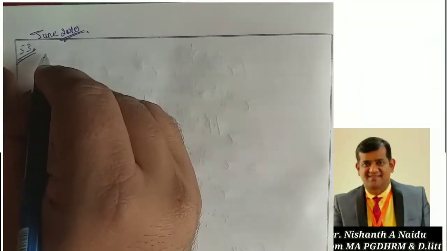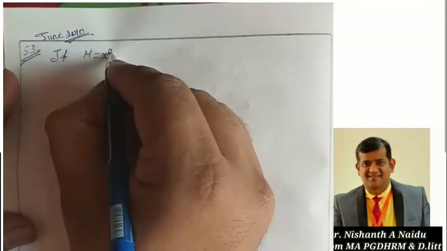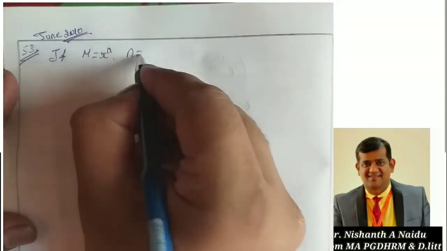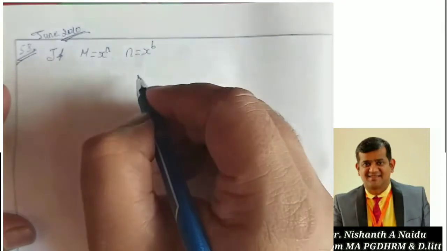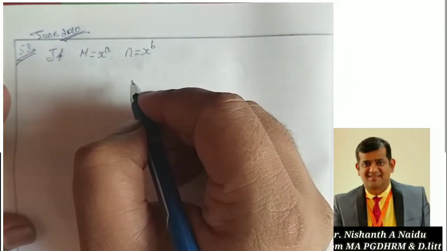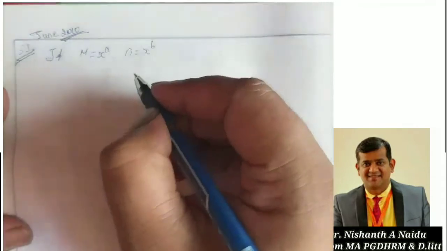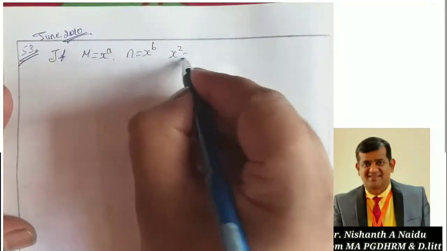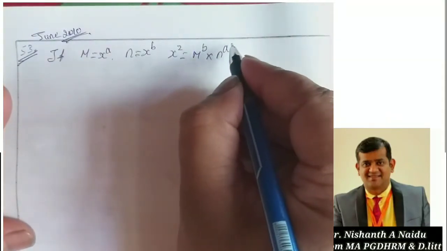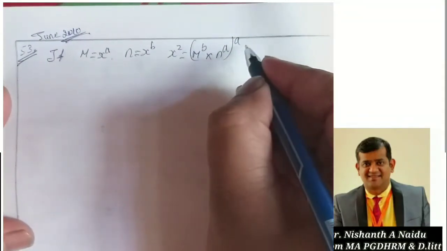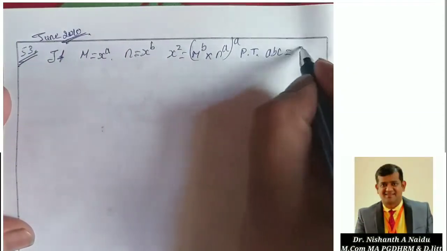The question was asked in June 2010. The question is: if m equals x to the power of a, n equals x to the power of b, and x to the power of 2 equals m to the power of b into n to the power of a, whole power c, prove that abc equals 1.